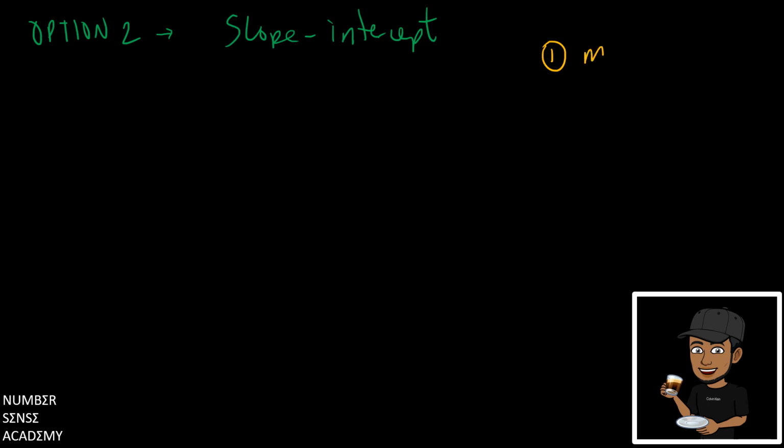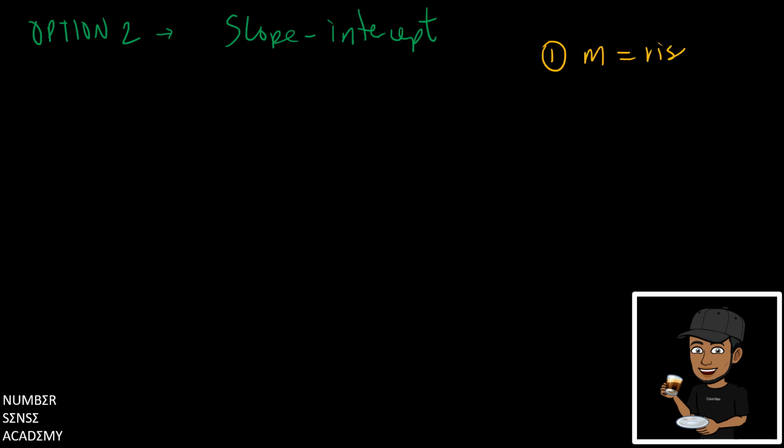Option 2 is using the slope-intercept form. So when you have the slope-intercept form of the equation, the two things that you need are, one, the slope, right?